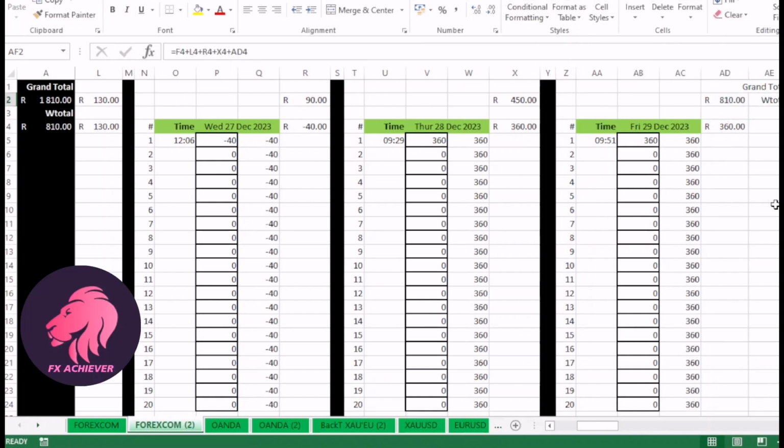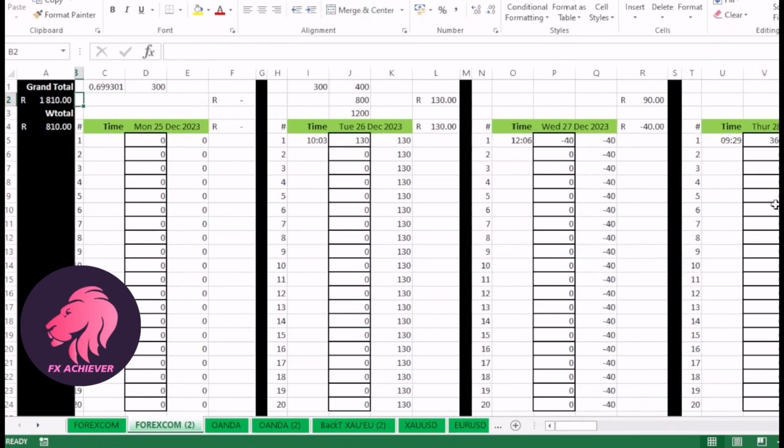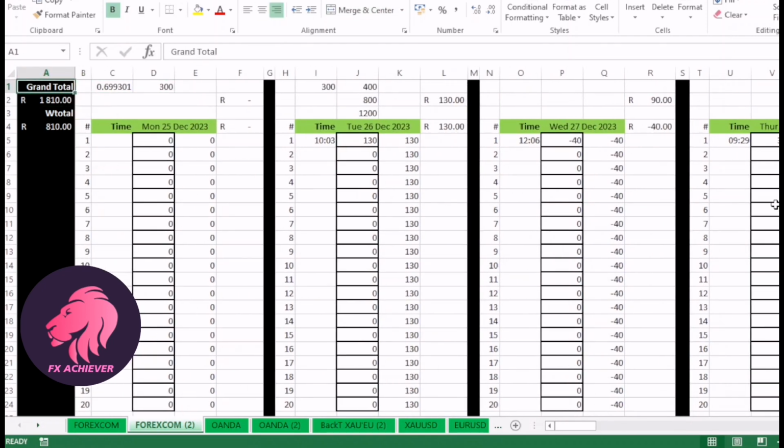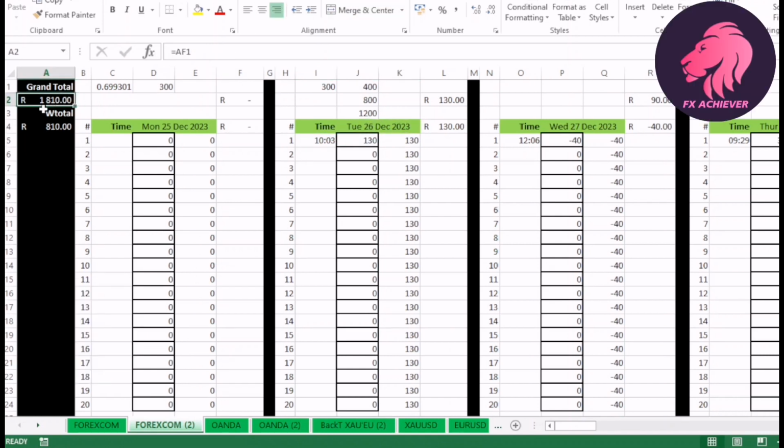For the week I made a total of 810. And depending on your lot size, as you can see here, the grand total, I started my trading because I didn't get an opportunity to trade on a Monday. So my trades began on a Tuesday, as you can see here, and I had an account of 1,000 rands, and the trades which I took actually gave me a profit of 810.